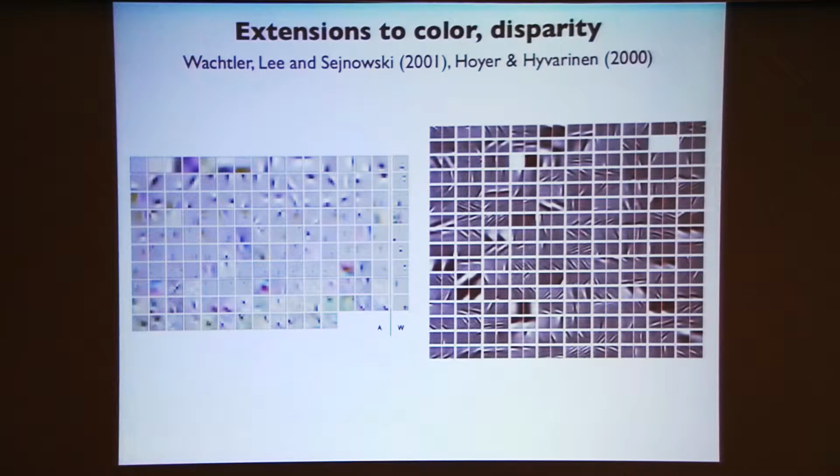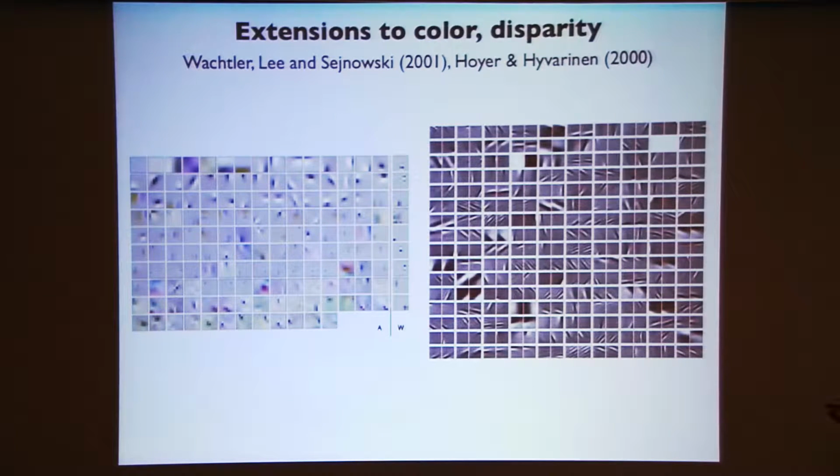And this is results from Aapo Hyvärinen's lab, where he just trained ICA on the joint images from the left and right eye, concatenating them, like what was mentioned in the previous talk. But as was mentioned, if all you do is concatenate them and train on that concatenated vector, well, you get something.